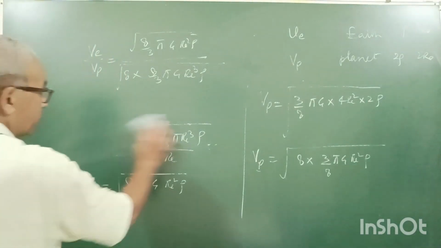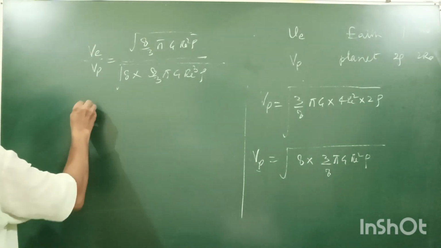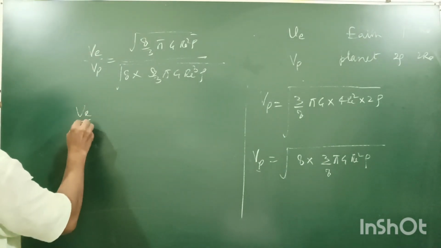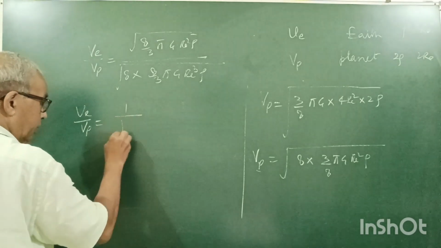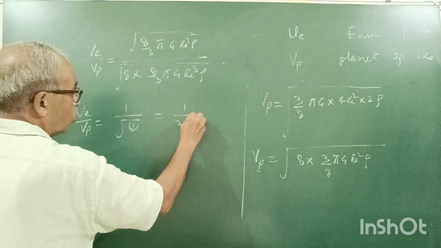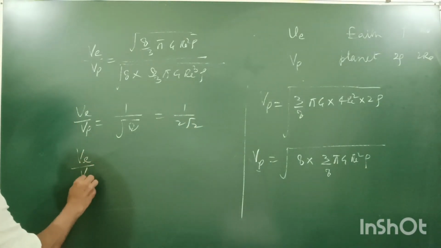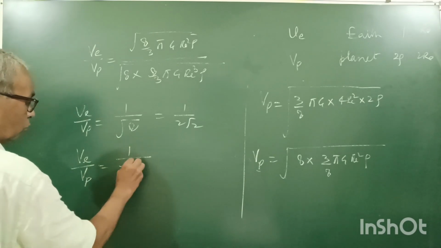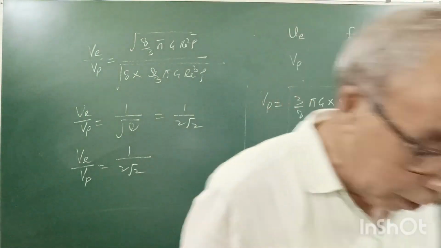So what you will get here? You will get VE upon VP equal to 1 by root 8. If you cancel, it is 1 by 2 root 2. So here VE upon VP comes out to be 1 by 2 root 2. This is again a simple question here.